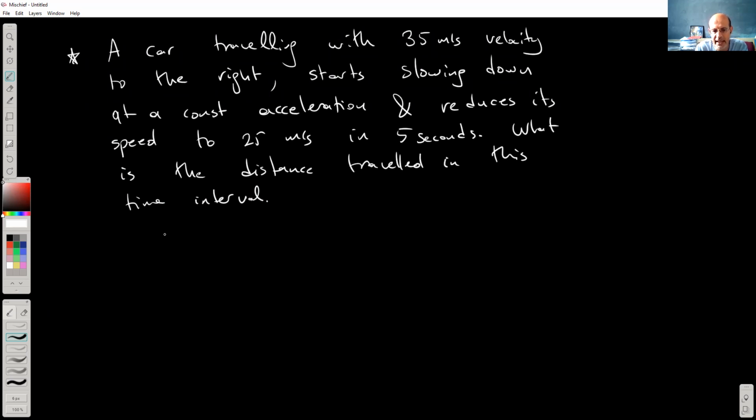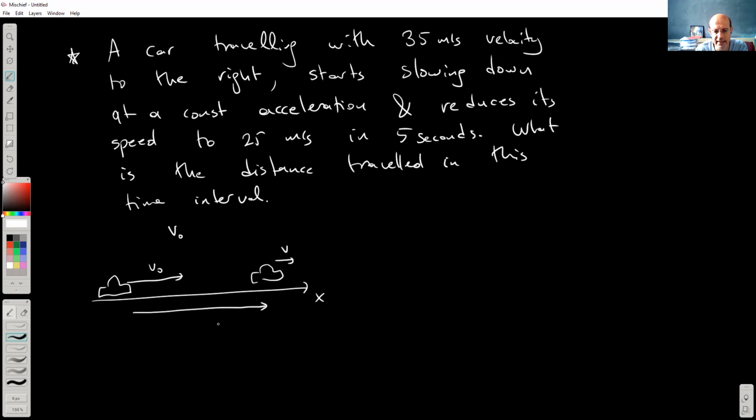So in any case, here the problem tells us the value of the initial velocity. So that's given. So let me just choose the x-axis in here. So there's this initial velocity in here, of the car. There's this final velocity. They are asking for the value of delta x, and the time is given, right?